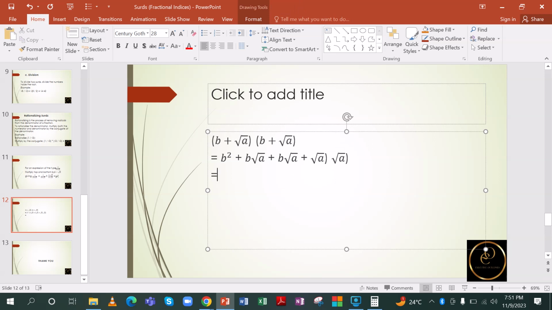When we simplify this, you are going to end up having b squared plus 2 times this, then plus this last one here, which I put in brackets, which simplifies to simply a.